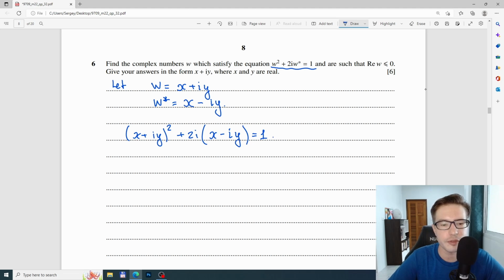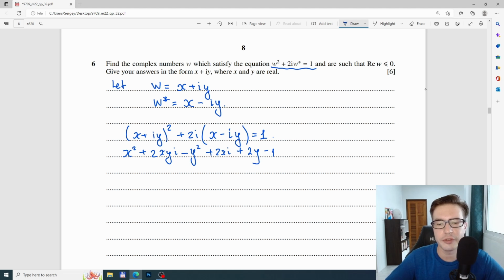Then I will have to expand the brackets. It's going to be x squared plus 2xyi minus, because i squared is negative 1, so it's minus y squared, plus 2xi, and then plus, because again I got i times i, which is negative 1, so I got plus 2y.